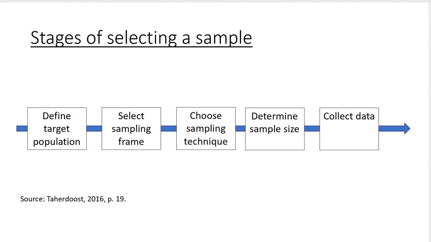First of all, you have to define your target population. So you have to decide on which particular characteristics you want to concentrate in your research. For instance, if you analyze consumer behavior of relatively young people, it makes no sense to include relatively old people to your sample, because those observations are simply not relevant for your research.